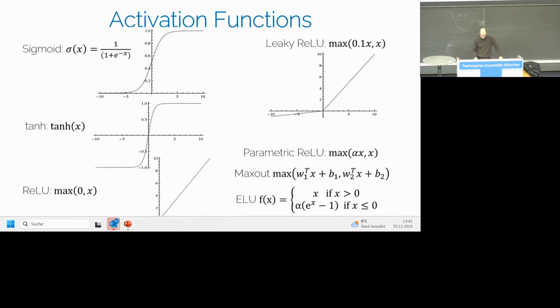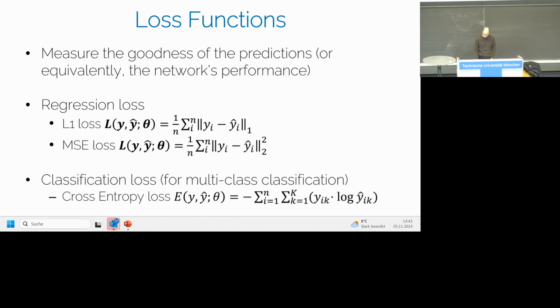Here are some of the activation functions. I believe we've seen them before. The sigmoid, tanh, ReLU, and some parametric functions where you even have parameters that you can optimize so as to maximize the performance of the network. We'll actually go into the choice of activation functions later in class: what activation function has which properties and when would you use which function.